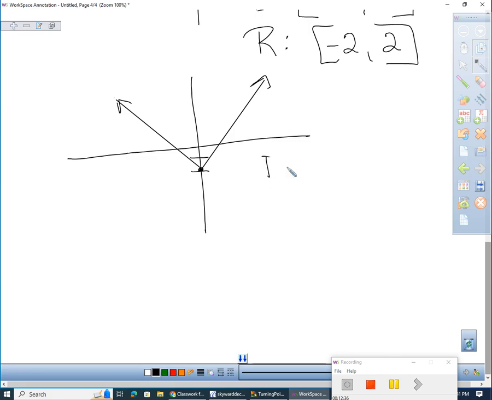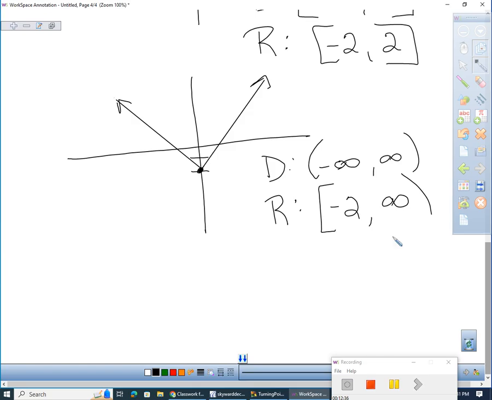So my domain here actually goes from, because this keeps going and going and going, parentheses, -infinity, to +infinity, because it goes forever that way, right? My range starts at -2. So because it's on -2, I have to have a bracket, and it goes forever up, so it goes forever where? Infinity, exactly. Okay? Is there any questions? I'm looking at the picture. You're just doing domain is left to right, range is bottom to top.